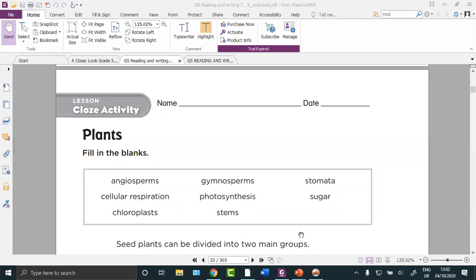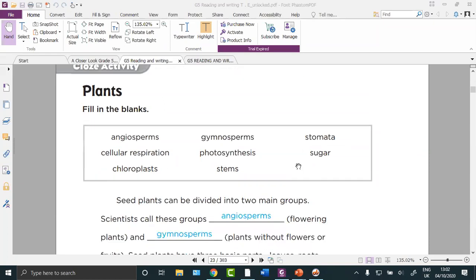Ahmed Al-Moor. Yes. Number 2. A cell that moves sugar up and down and all around a plant is called phloem.